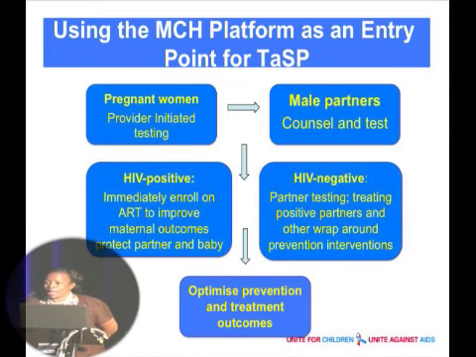We're looking at what we know about their partner, how do we get them tested, get them into care, and wrap around some interventions to make sure that this woman remains negative and doesn't transmit to her child, but also we're optimizing care and treatment for their partner. So the MCH platform could be an optimal entry for treatment as prevention.